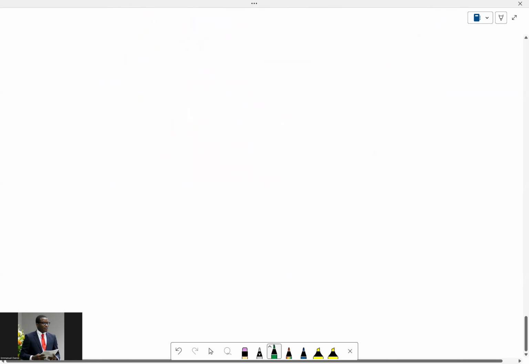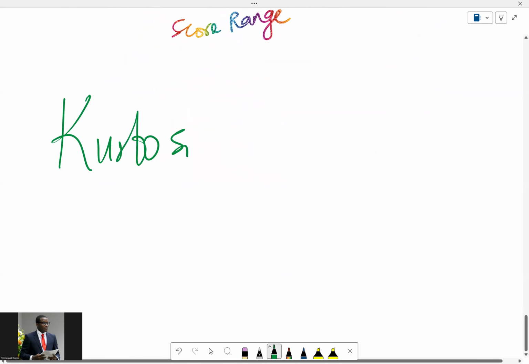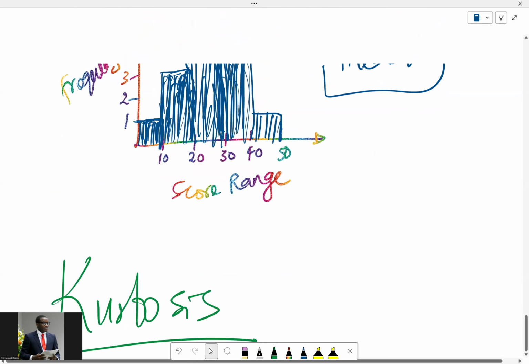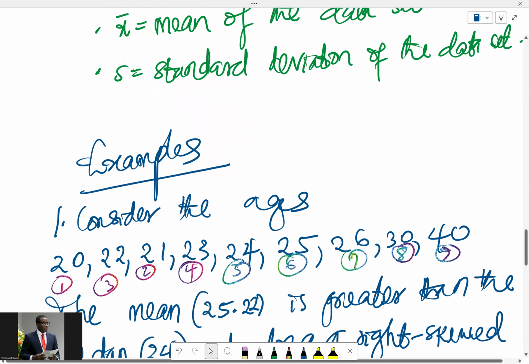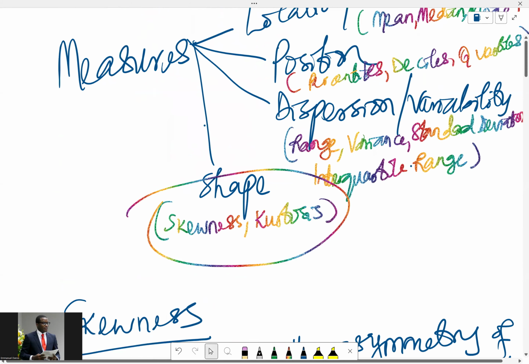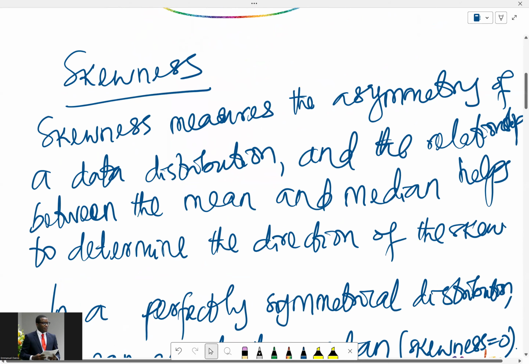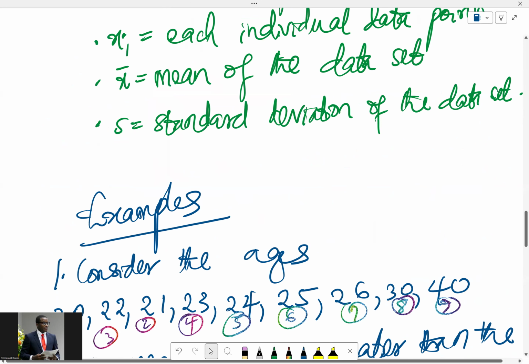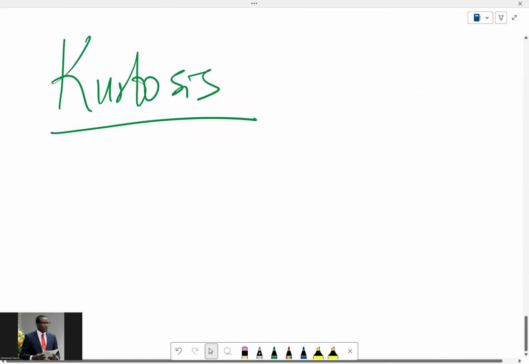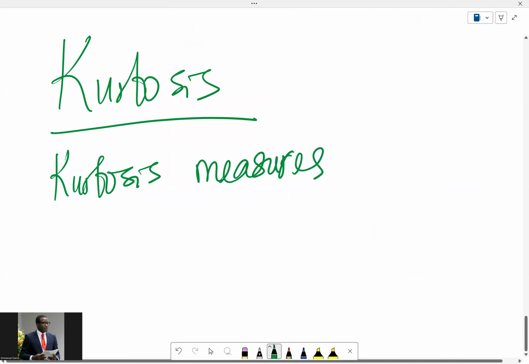So let's move on to kurtosis. We've already seen that skewness talks about the asymmetry of the data distribution. What does kurtosis talk about? Let's see. Kurtosis measures the tailedness, so you're talking about the tail now.